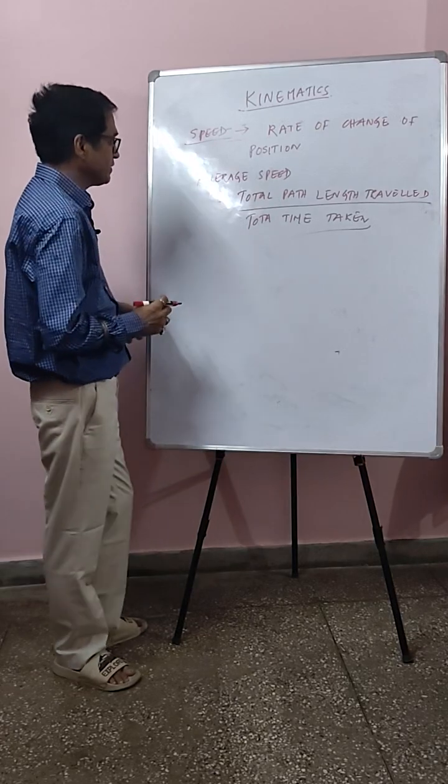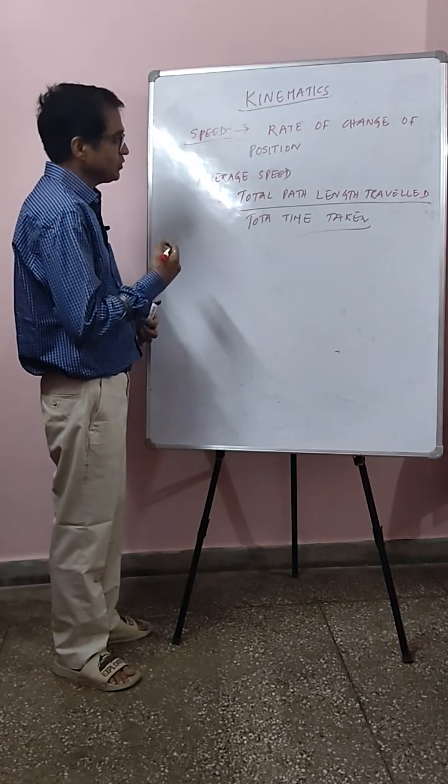So what are the properties of average speed? Speed is again a scalar quantity. It is always positive.